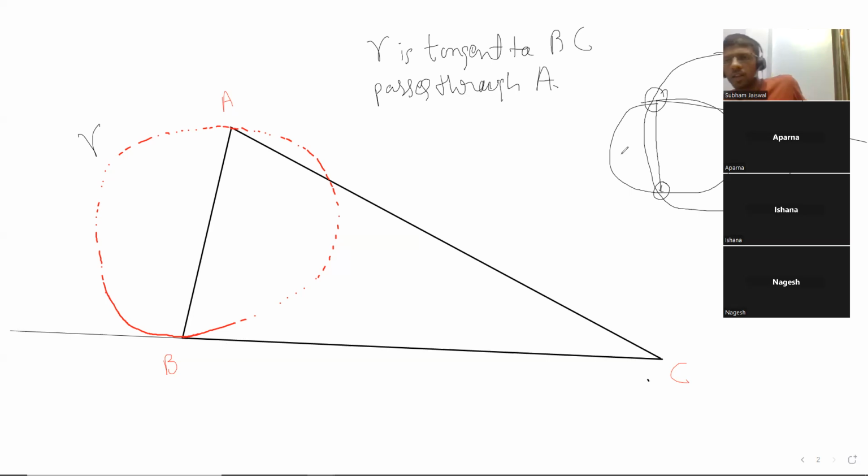No, 90-degree angle with what? If you only say tangent to BC, AB will be the diameter, is it, all the time? No, AB will not be the diameter.